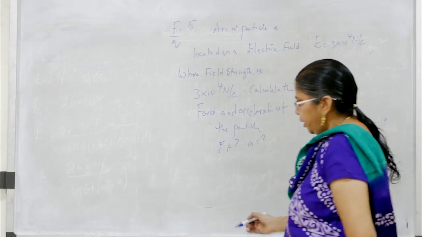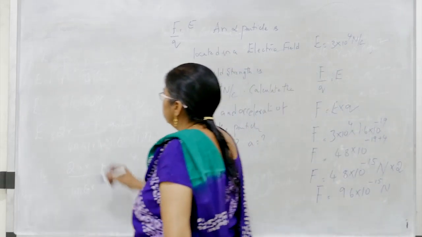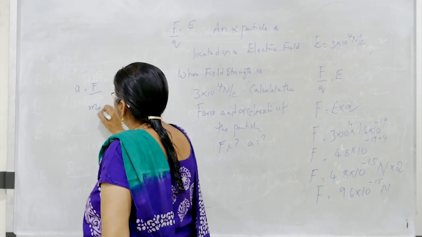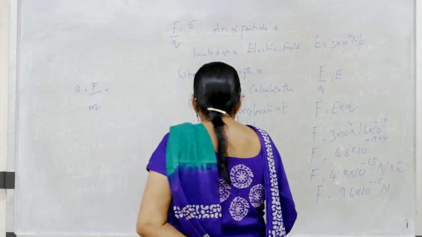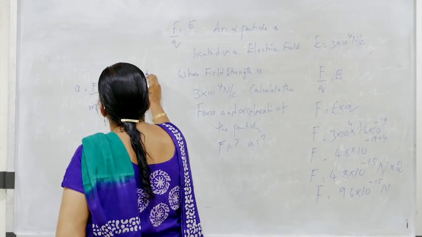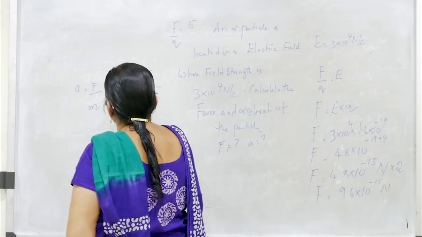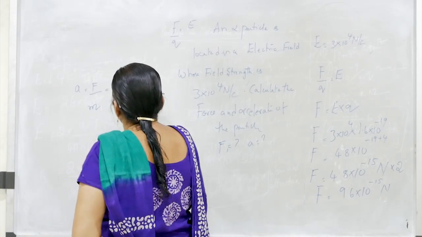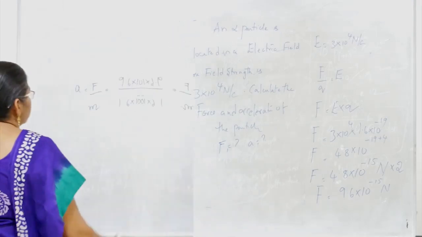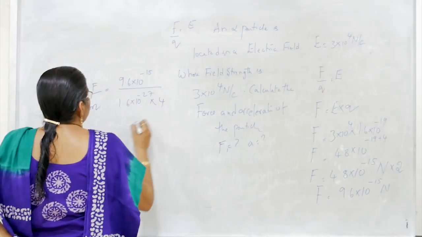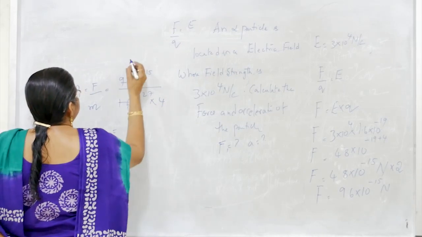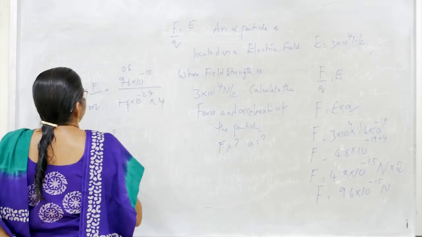Now I want to calculate the acceleration. Acceleration is given by F by m. So F is 9.6 into 10 power minus 15, divided by m, which is 1.6 into 10 power minus 27, 4 times the mass. Here it gets cancelled, 0.6 times, because 16 sixes are 96.